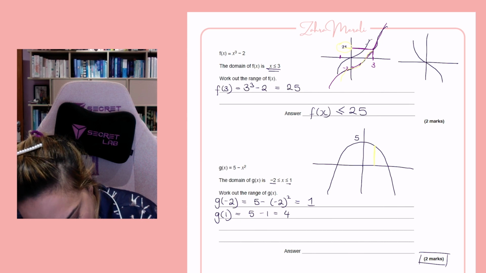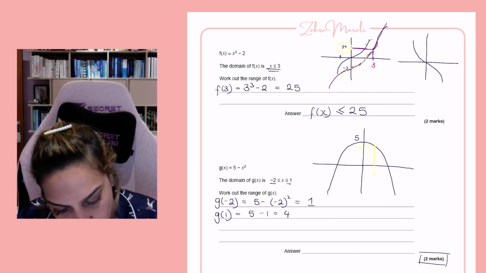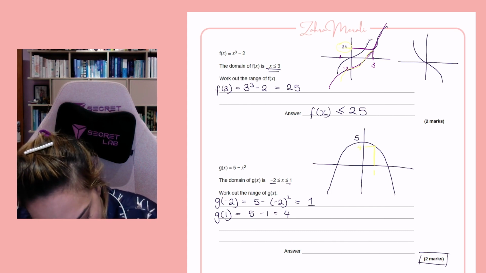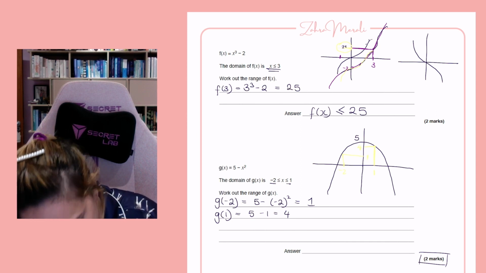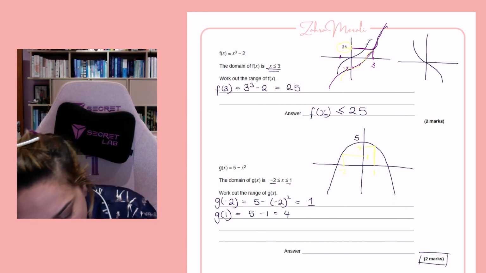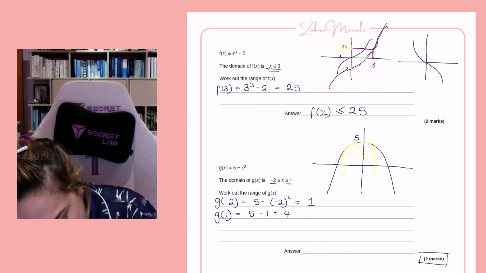Say this is 1, this bit here will be 4. And then minus 2 is over here, and this bit here is 1. Okay. So the bit of the graph we're looking for is all of this.